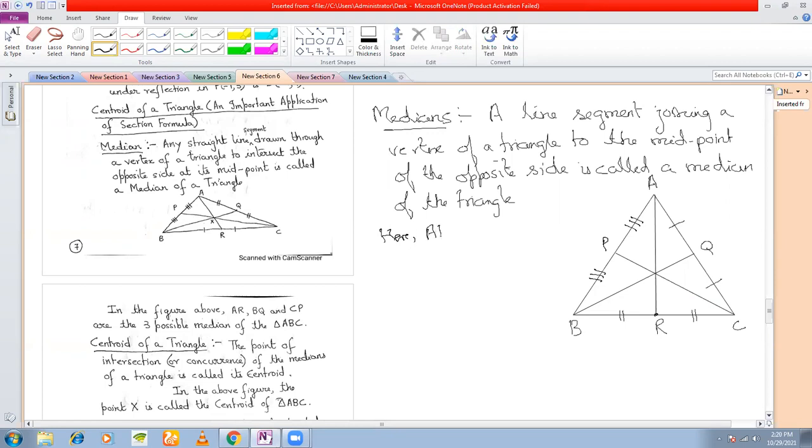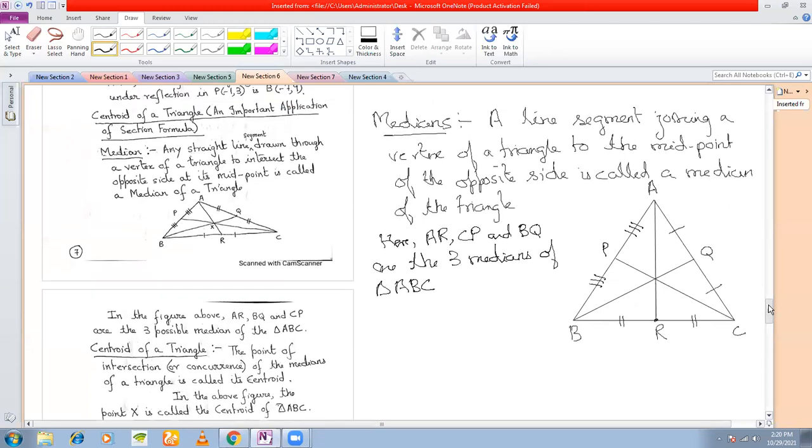AR, CP, and BQ are the three medians of triangle ABC.